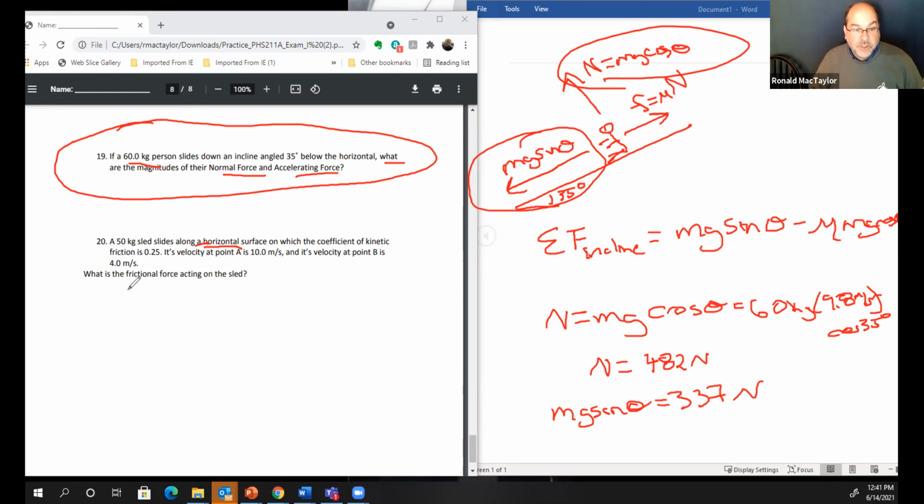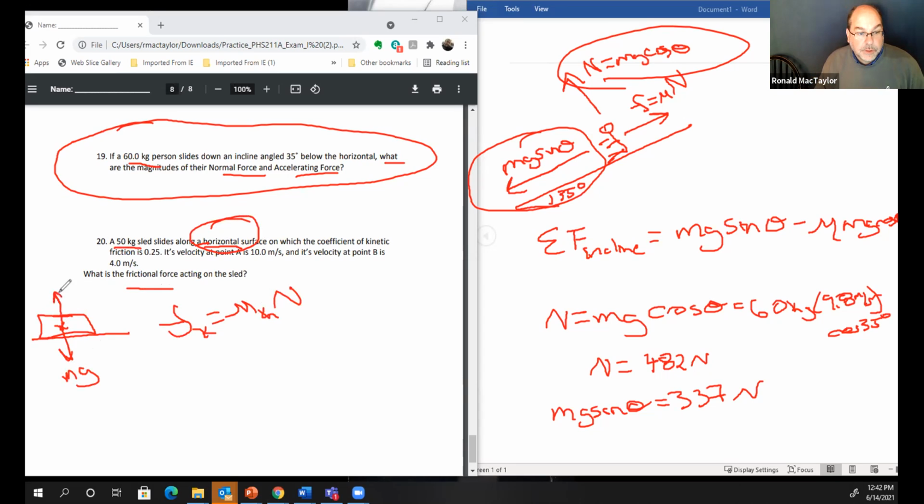So this is just asking, what is the frictional force? It'd be kinetic friction. It's the coefficient of kinetic friction times the normal force. This is a sled on a horizontal surface, so the normal force is just equal and opposite to the weight, unless there's some other force taking place here, and they didn't describe one to us.